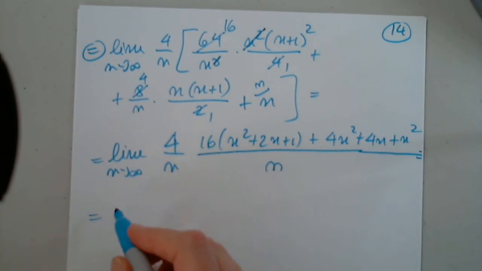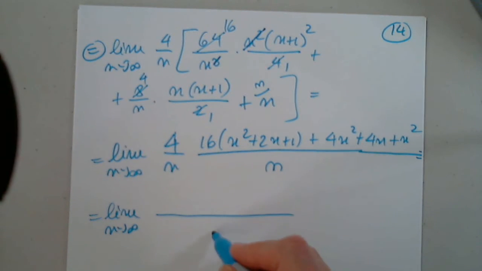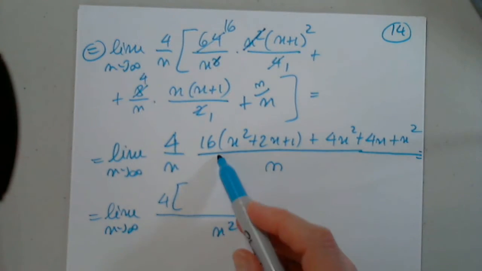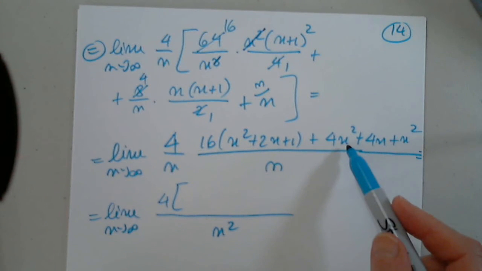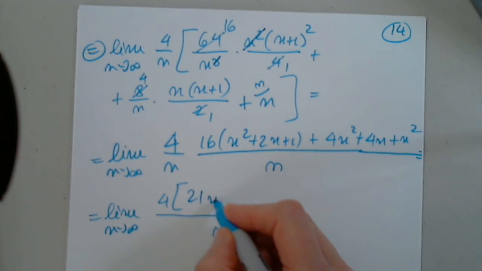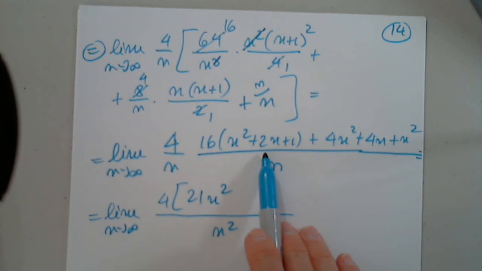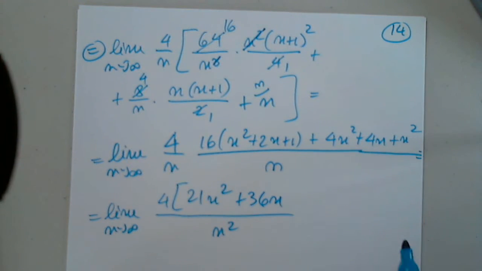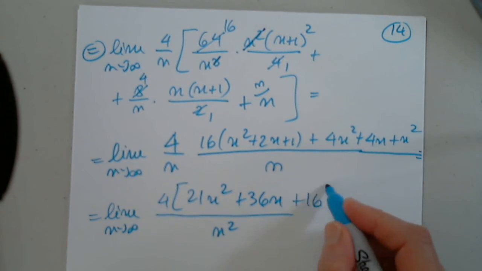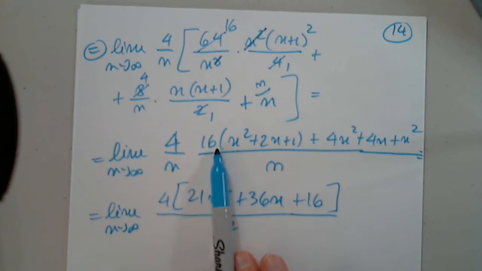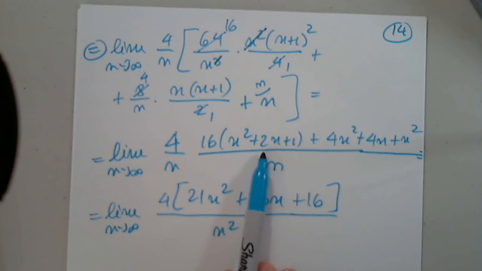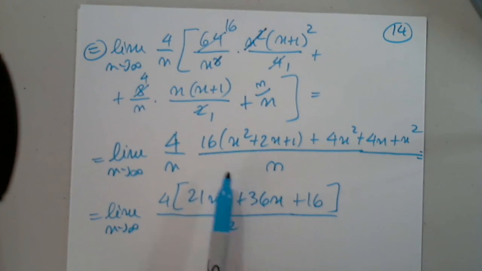Okay, collect like terms. So limit as n approaches infinity, n times n in the denominator is n squared. 4 can wait patiently. 16 n squared, 20, 21, 32, 36, and plus 16. Just making sure, 16 and 4 is 20 and 1 is 21, 32, plus 4, 36, and 16.